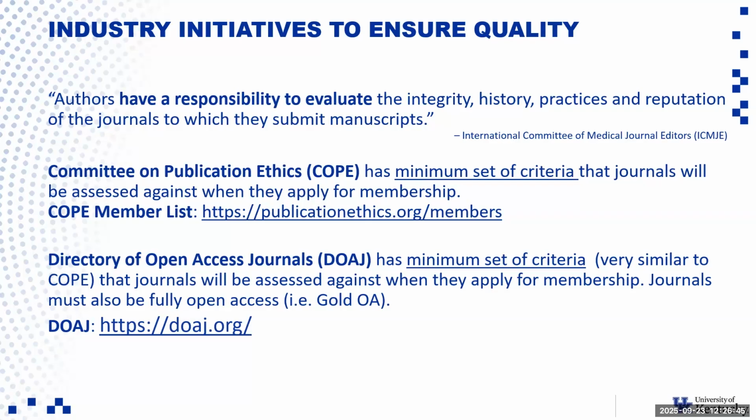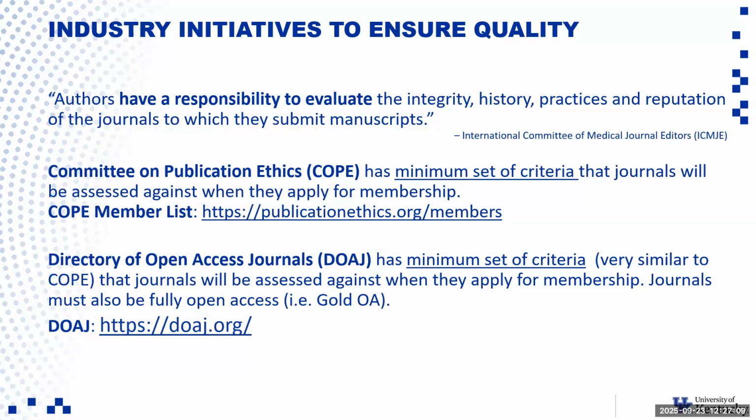Aimed primarily at editors and publishers, journals and publishers can become a member of COPE to show that they intend to follow the highest standard of publication ethics. So you can search the COPE membership list to see if the journal or publisher that you are potentially publishing with is a member of COPE.